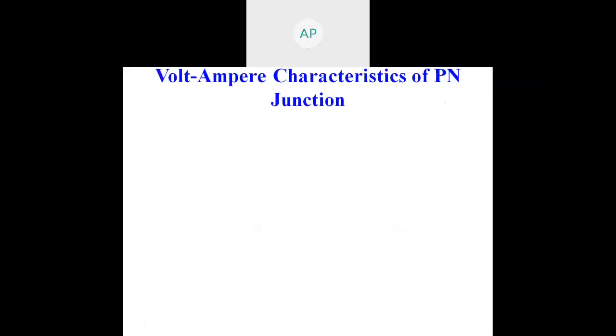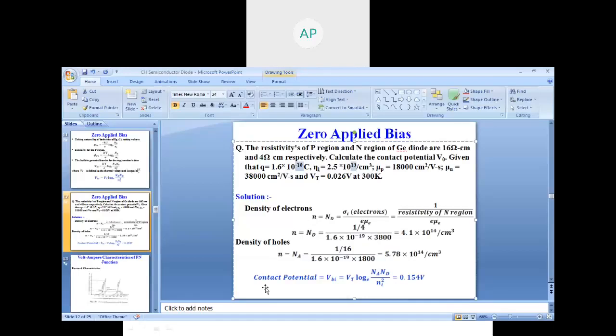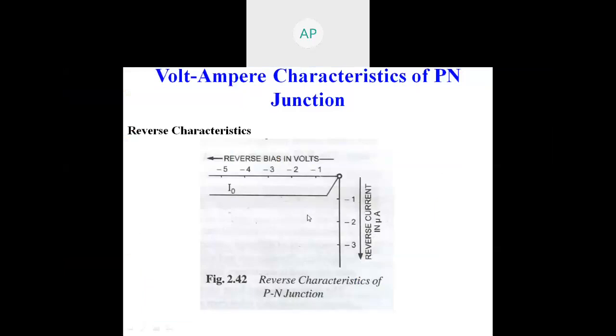As the depletion width is larger, the barrier is larger, and more voltage appears at the junction, represented as the reverse voltage. When the applied potential is more than the barrier potential under reverse bias, then current will flow.